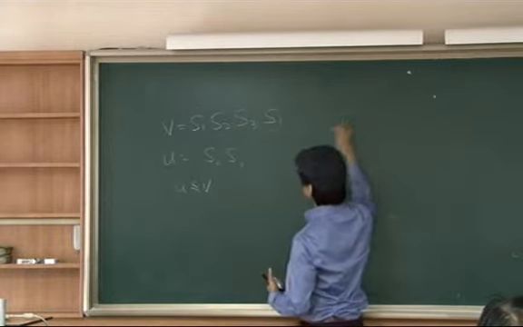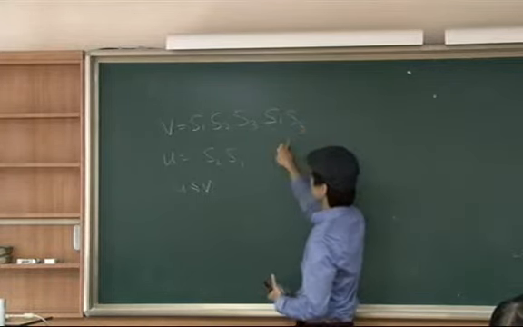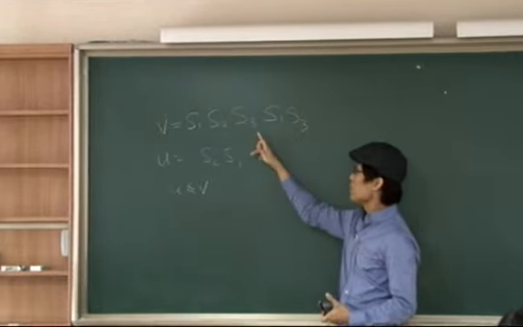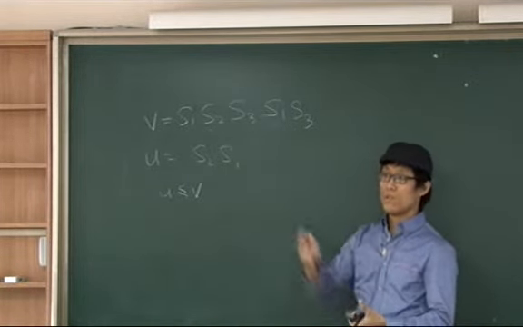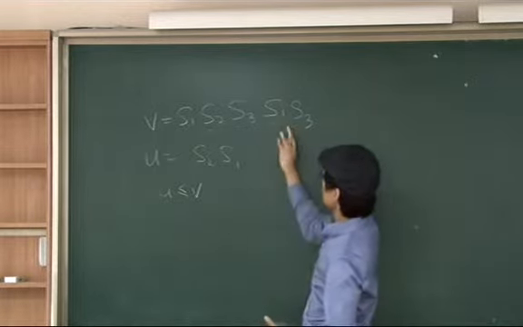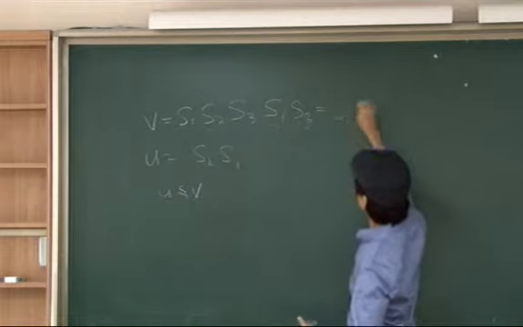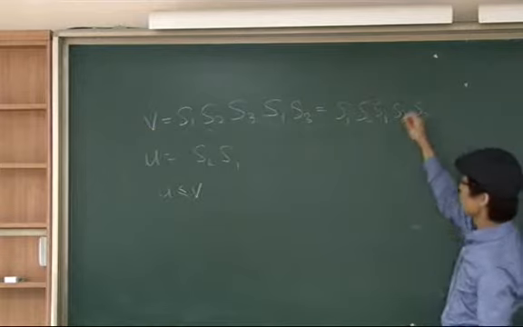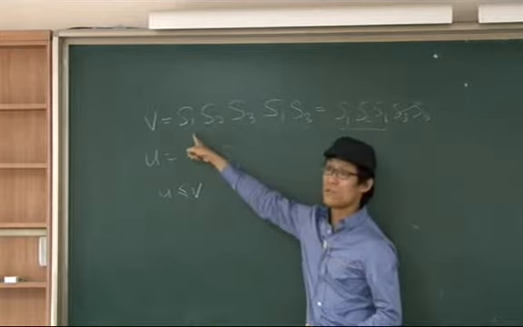For instance, if V is S1, S2, S3, S1, S3, then S1 and S3 commute because S1 exchanges 1 and 2, S3 exchanges 3 and 4, so this exchange commutes, so we can rewrite this as S3, but S3 times S3 cancels out, so this becomes this. So this is not a reduced word.